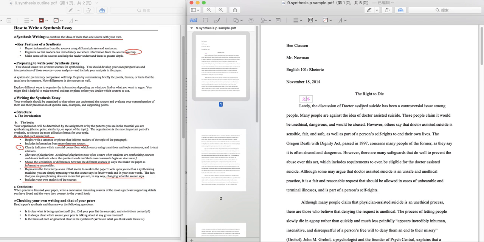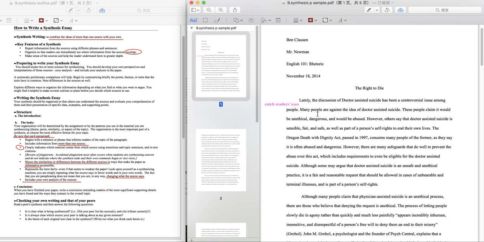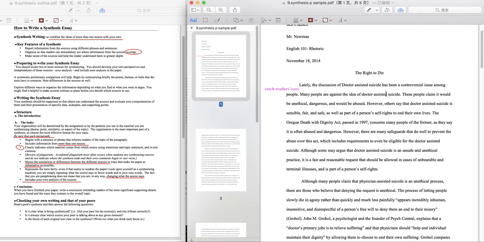Lately, the discussion of doctor-assisted suicide has been a controversial issue among people. This is what? This is the attention getter, or you could say it is to catch readers' eyes, right? Many people are against the idea of doctor-assisted suicide.